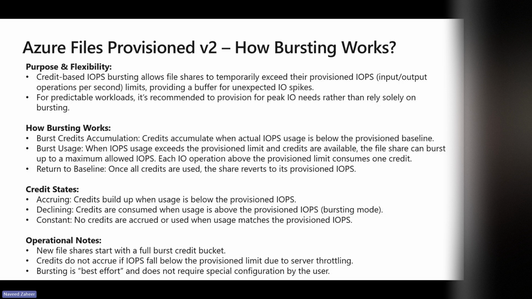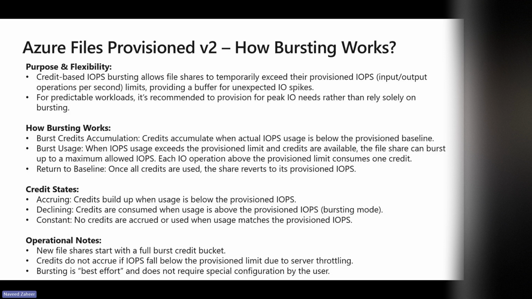It goes in there as long as you stay below your provisioned IOPS. But then you hit a workload that needs more IOPS than provisioned. It's going to start drawing those IOPS. At that time, you are going to be in declining mode, where it starts taking credits, or IOPS, from your savings account and using that. So at that moment, you are using whatever you saved to meet this bursting demand.